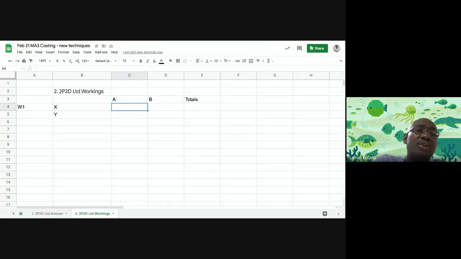All the two products have to pass through each of the departments. So in order to calculate the labor hours for each department, it has to be the labor hours for each of the products. So for product A, what will be our formula?